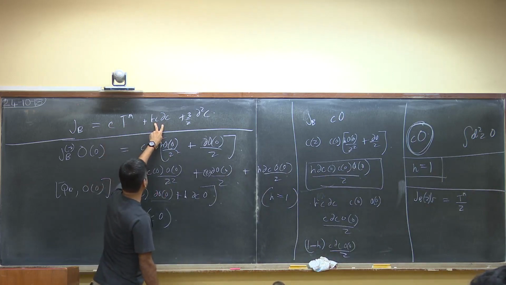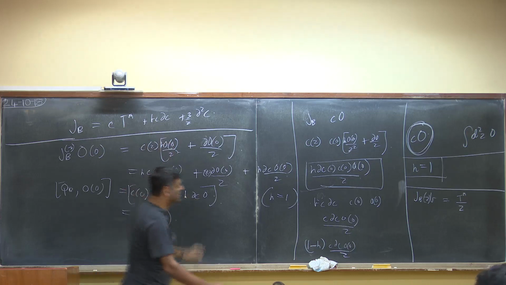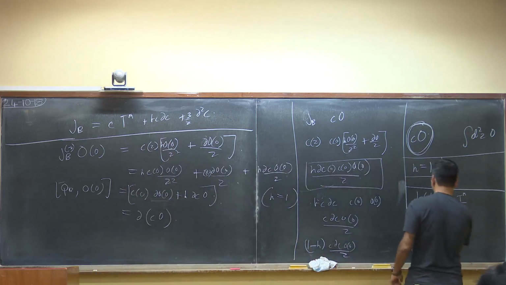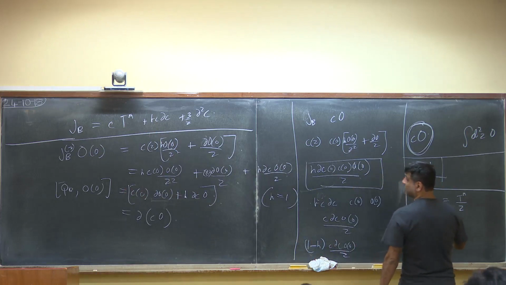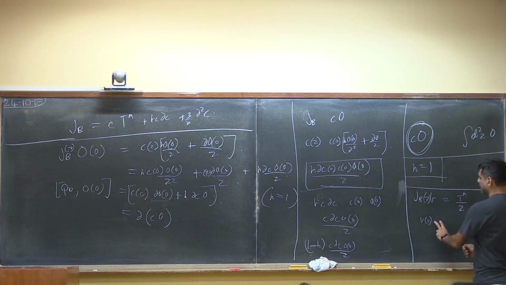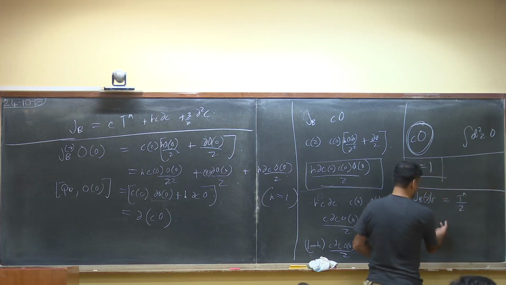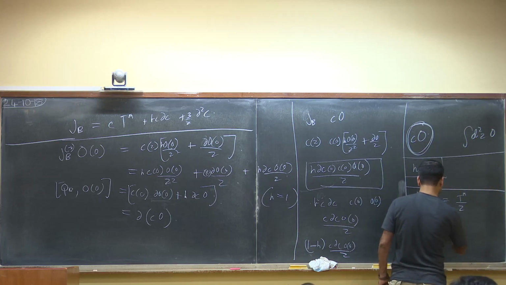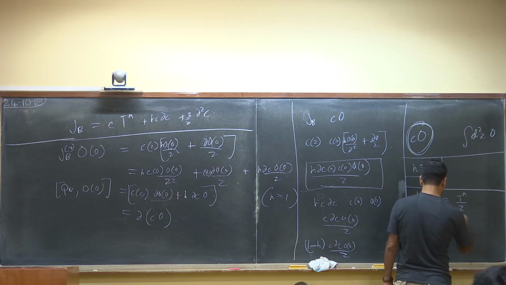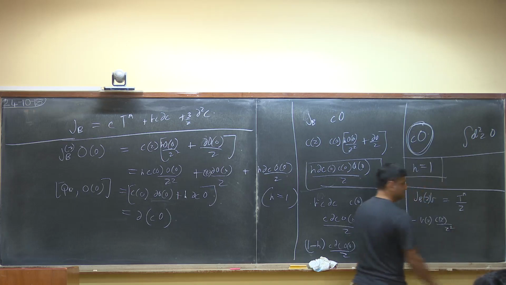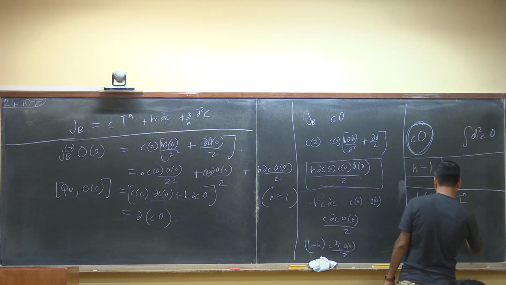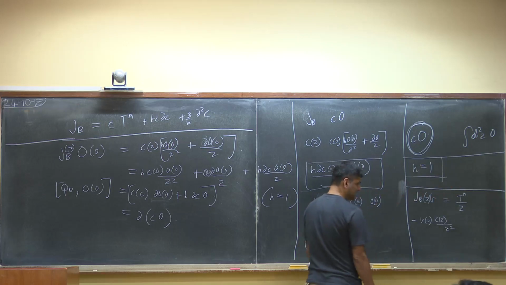And then there are two terms from here. Okay, let's work them out again. So it's B of Z, and then we contract either the C or the del C with B of 0. So let's see, when we contract the del C, we get C of Z times minus Z squared.